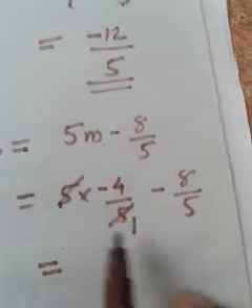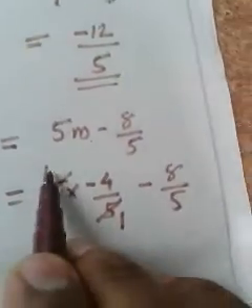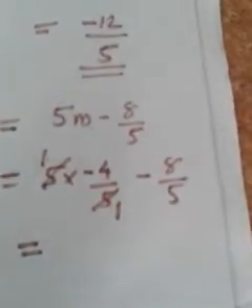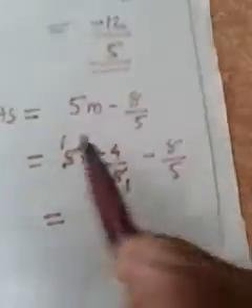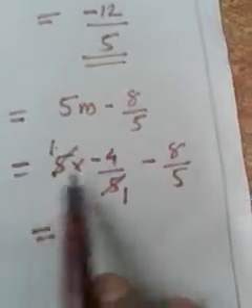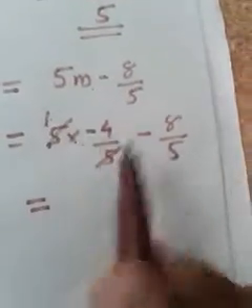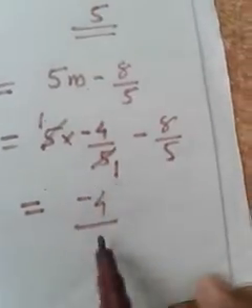In 5, how many 5s? 1. And it becomes 1, and this 1 can be written as 1/1 and you can multiply numerator and numerator. 1 into -4 is -4, and by 1 as it is.